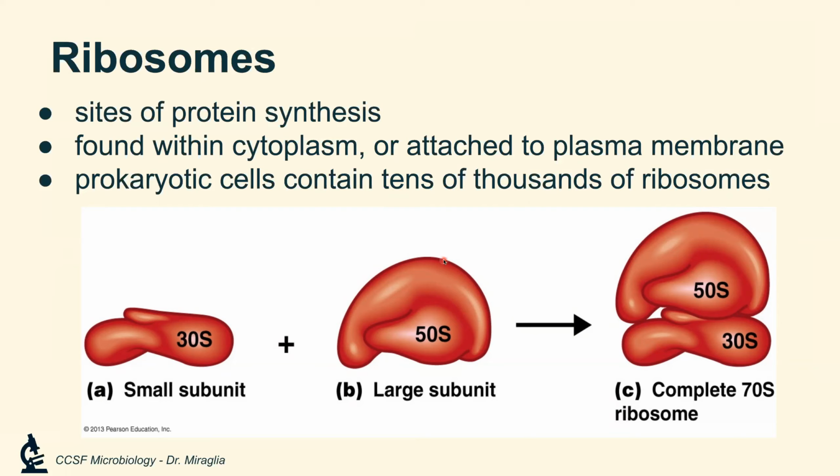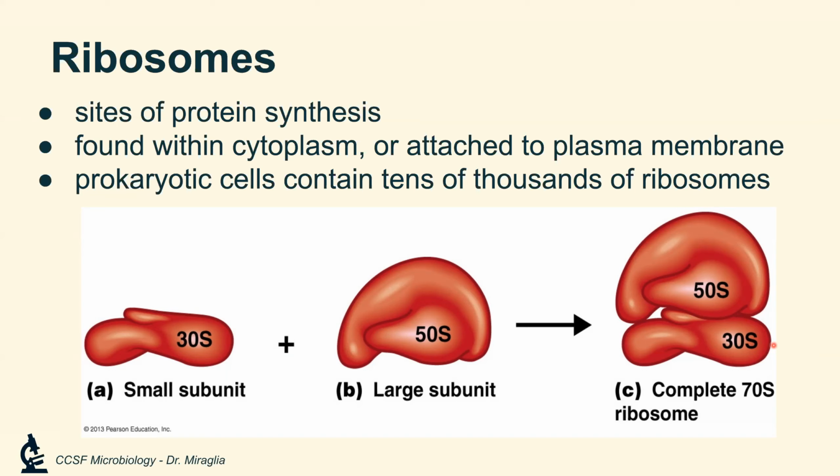In prokaryotic cells, a complete ribosome is made up of two smaller subunits. We have a small 30S subunit and a larger 50S subunit. And when they come together, they form a 70S ribosome. And of course, no one likes this because 50 plus 30 isn't 70. So I always take a moment to explain that the measurement S refers to the Svedberg unit.